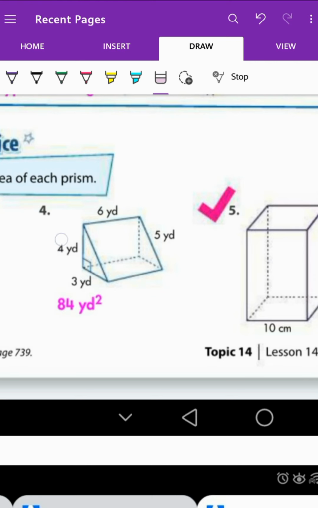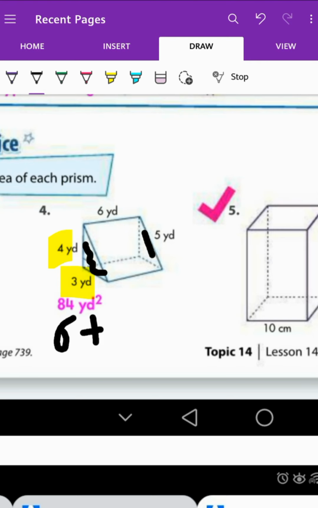So 4 multiply 3 over 2 equals 12 over 2 equals 6. So I'm done with the two triangles.